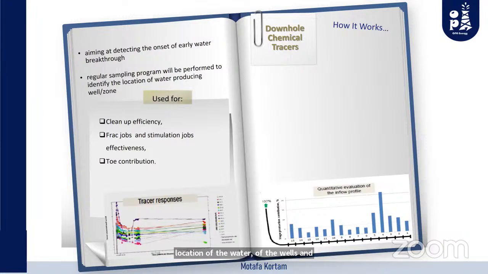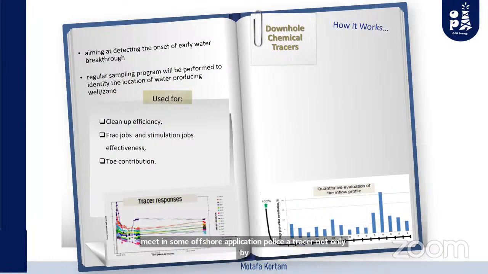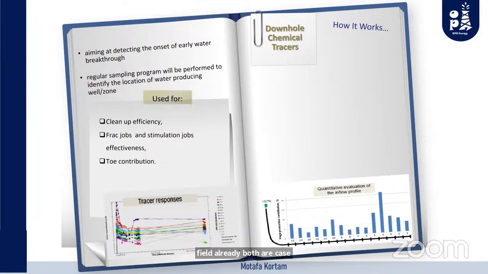In some offshore applications you can place a tracer not only by zone but, for example, in a deep water field where you are running wells with subsea completion. In this situation, you are not able to take a surface sample to measure the water and see how it progresses over time.